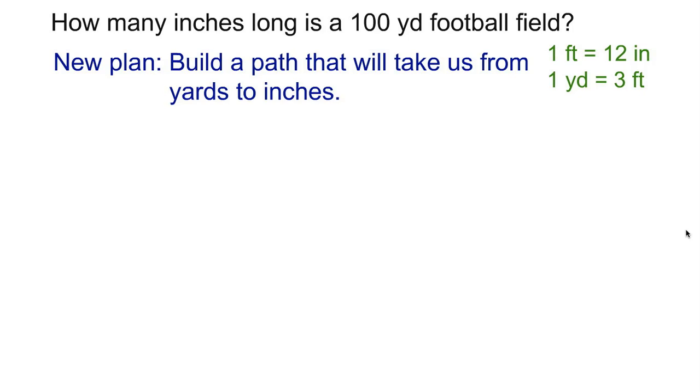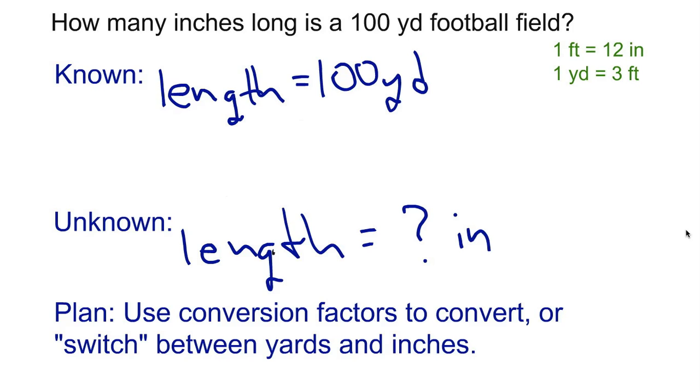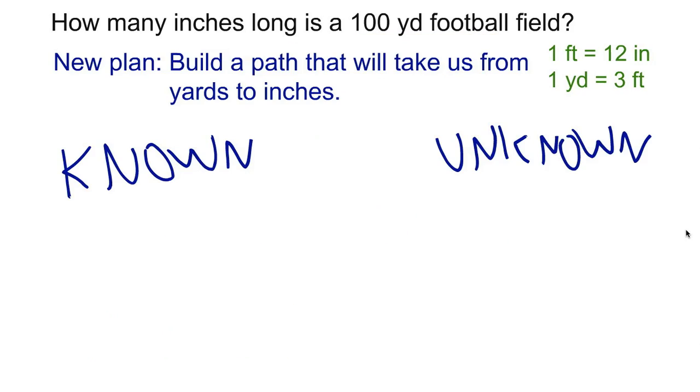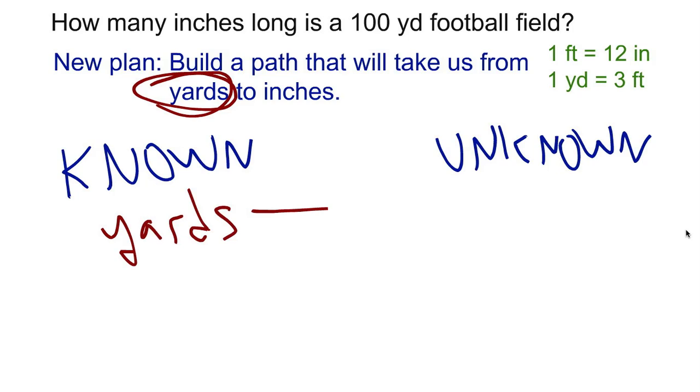We're going to build a path that will take us from yards to inches. Think of it as a journey. Since we know the yards, it's 100 yards, but we don't know the inches, we're going to have to begin at what we know, yards, and we're going to eventually end at inches.